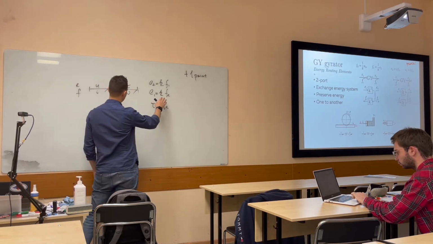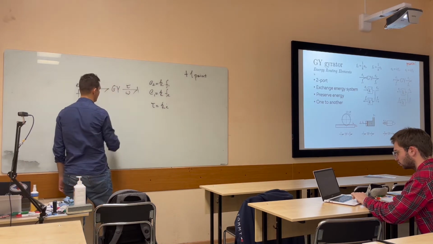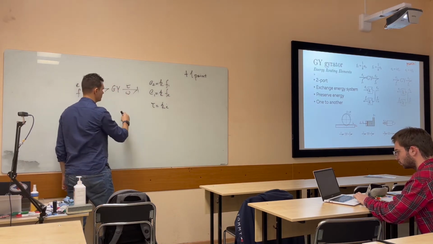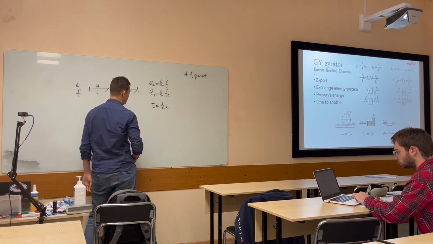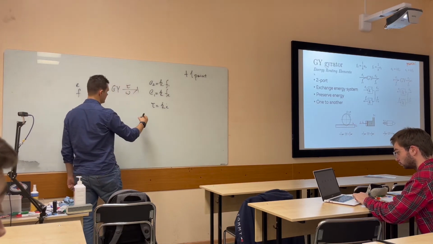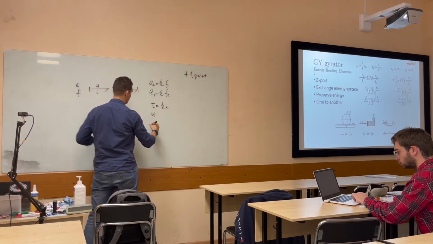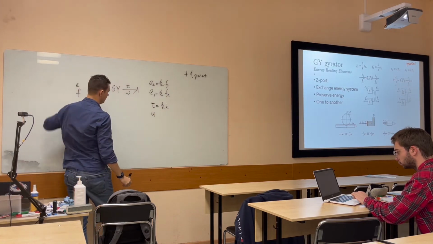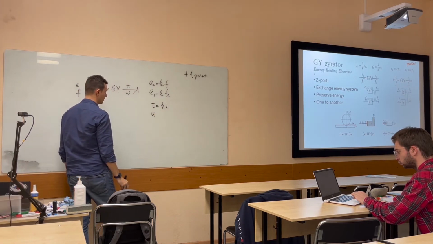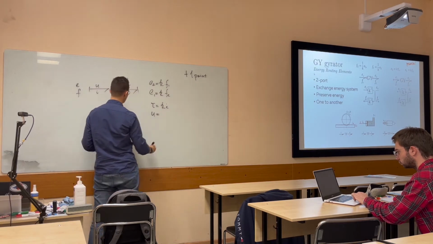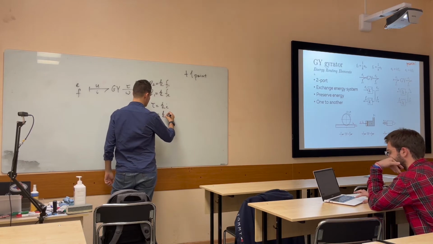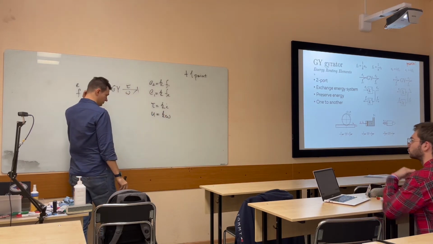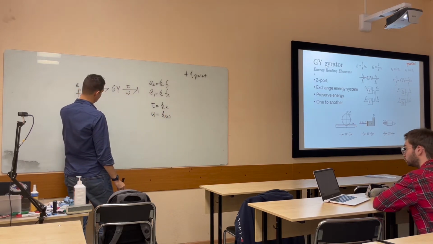If I put all these characters into the second equation, I will get something like E1, the voltage, equals k times angular velocity, right?